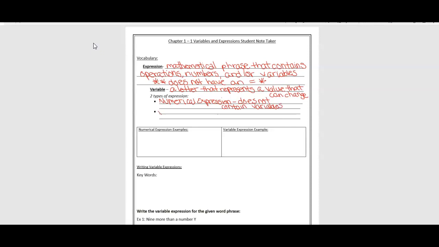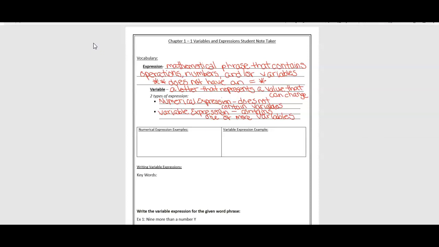Next, we have a variable expression. And you guessed it, variable expressions contain 1 or more variables.